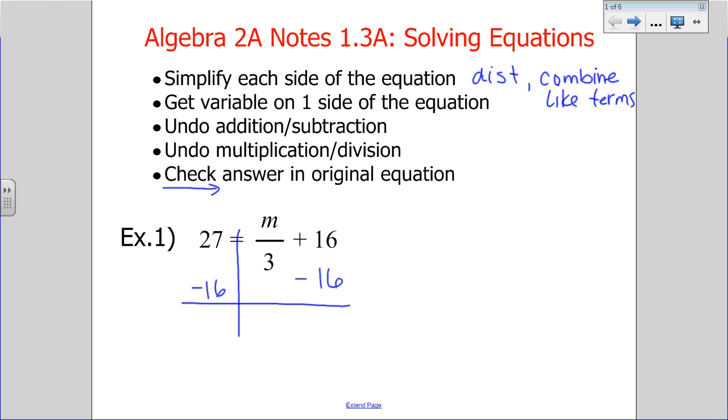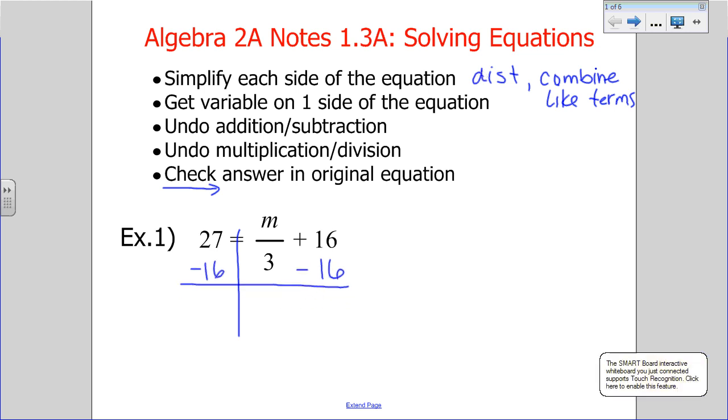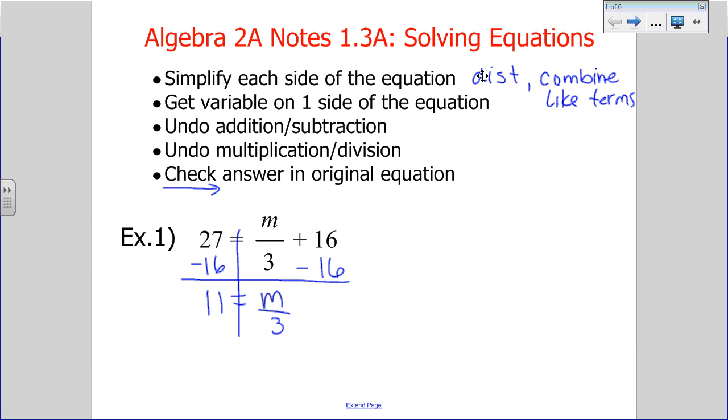And that's going to give me 11 is equal to m divided by 3. Think of it as division. Don't think of these as fractions. And then you're going to undo that division by multiplying by 3. And so we get m is equal to 33.